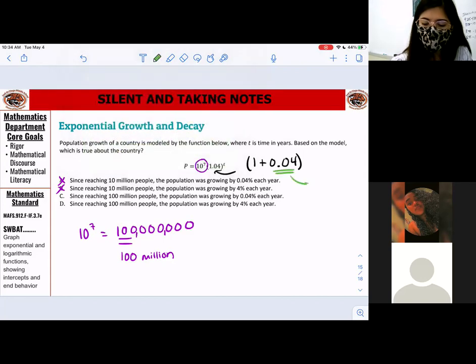But how do I rewrite that as a percentage? How do I write that as a percentage? 0.04 is the same as 4%. So it's answer choice D.